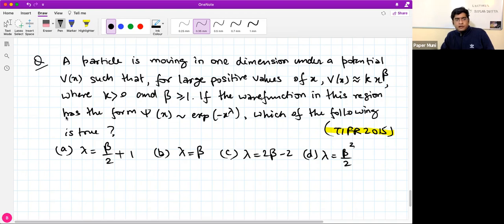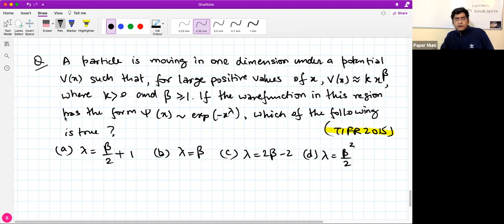A particle is moving in one dimension under a potential V(x) such that for large positive values of x, meaning very far away from the origin, V(x) is given by this form, where k is a positive quantity and beta is greater than 1.